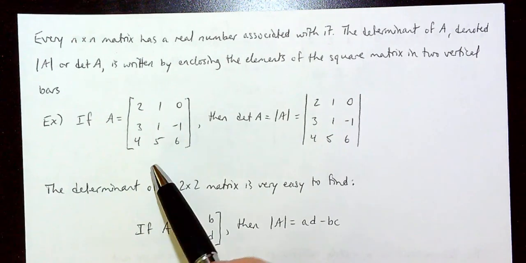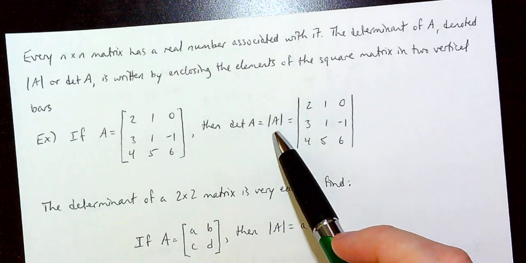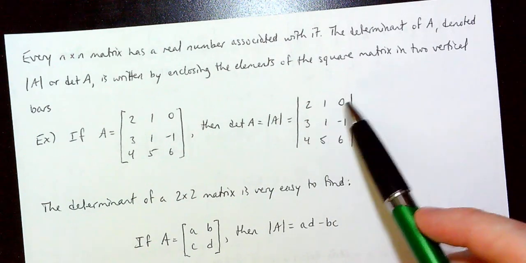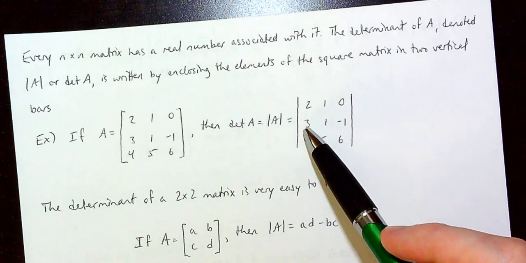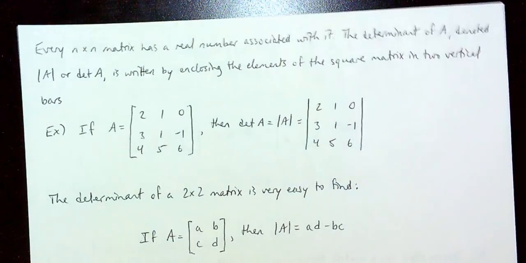So here's an example of a 3 by 3 matrix. The determinant of this matrix, A, or absolute value of A, is all the elements in the same order, in the same place. We just replace the square brackets here with two large vertical bars.